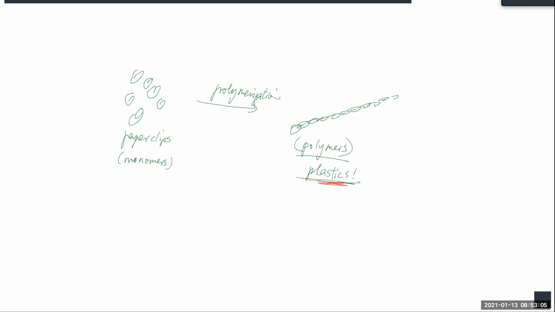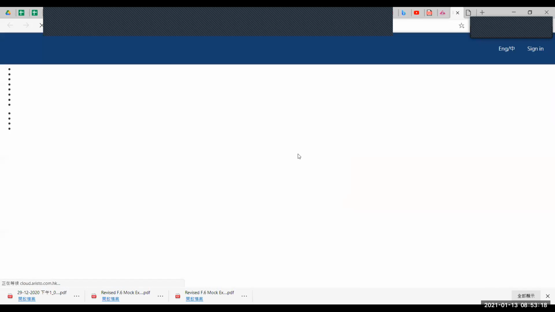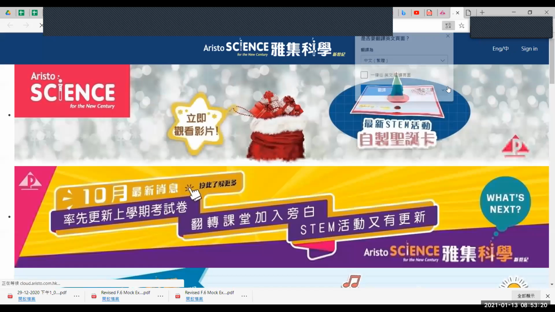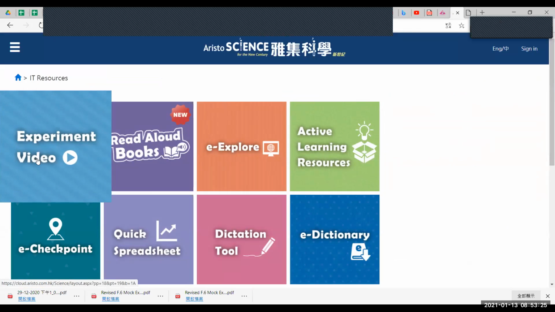Okay, if you are going to do experiments to produce polymer, is it possible? Can we do such an action at our school lab? The answer is yes.